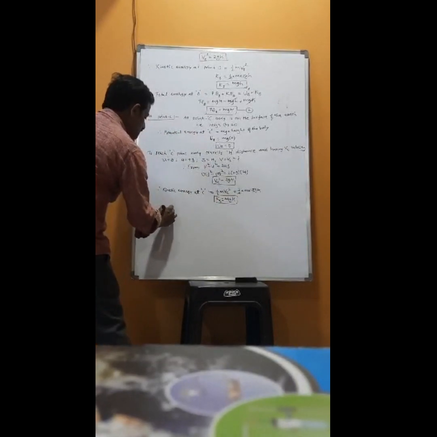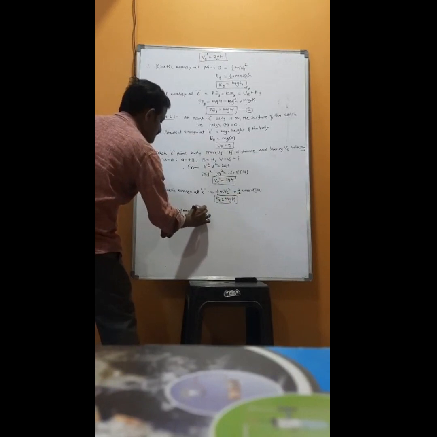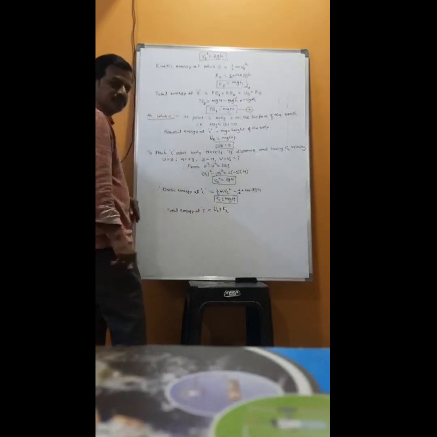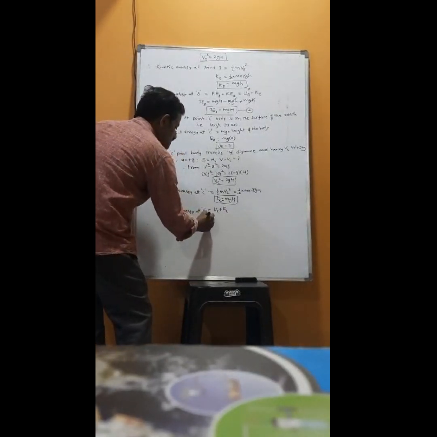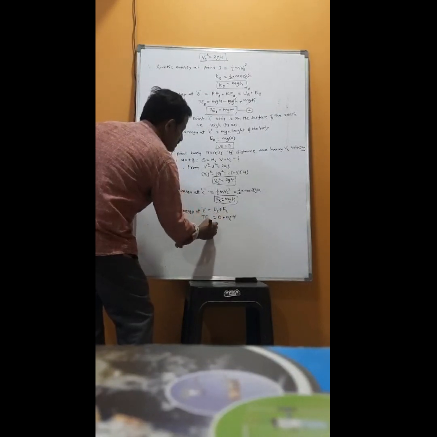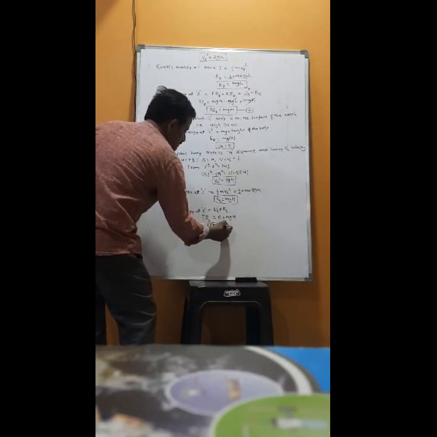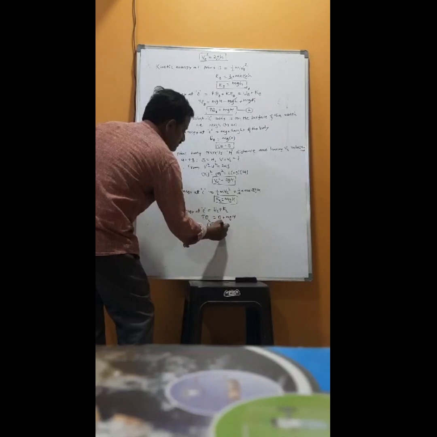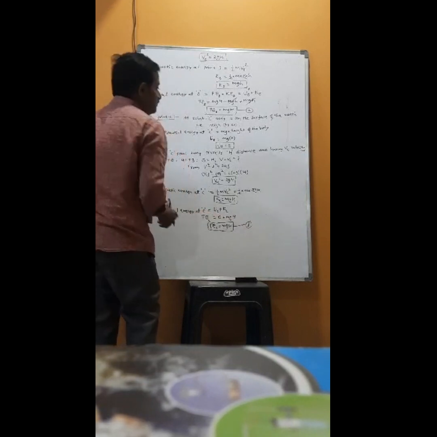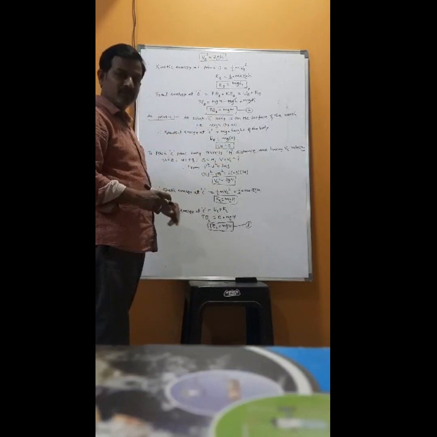Now total energy at C is equal to U at C plus K at C. U at C is 0, and K at C is mgH. So total energy at C is equal to mgH. This is equation 3. Equation 1 we got mgH, equation 2 we got mgH, equation 3 we got mgH.